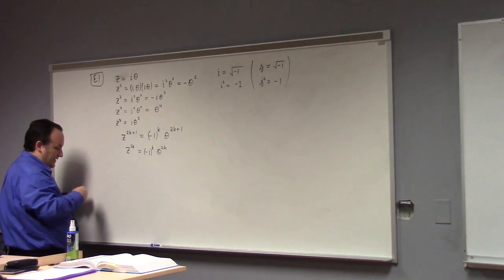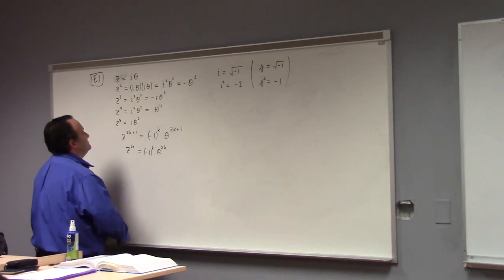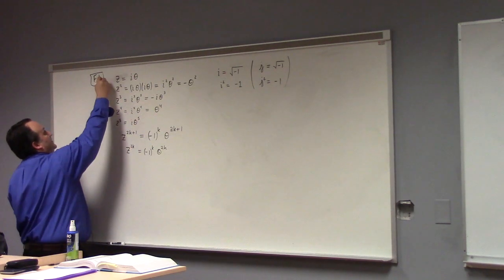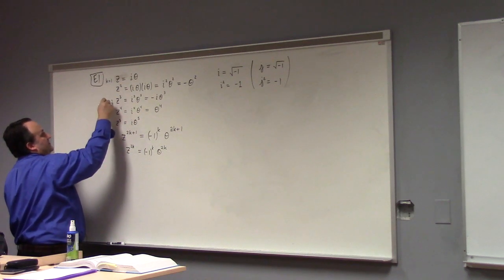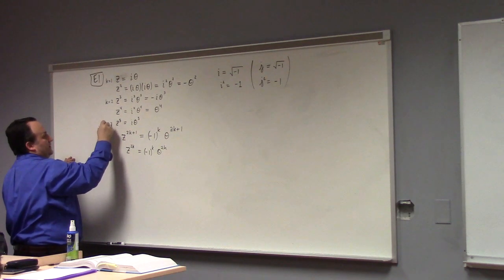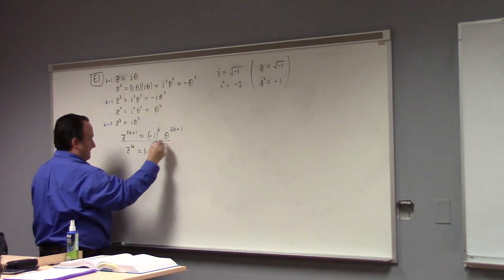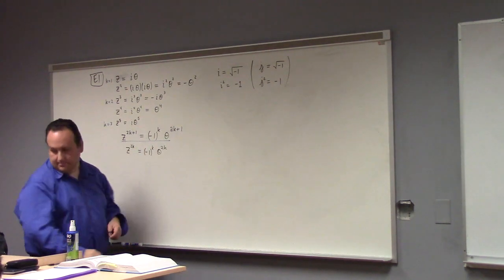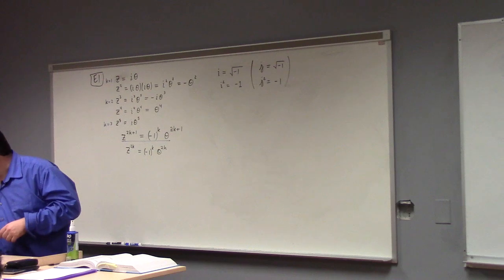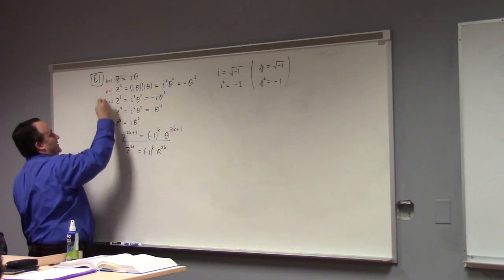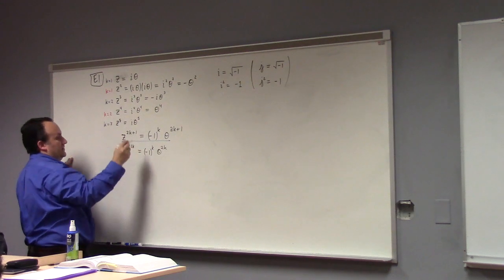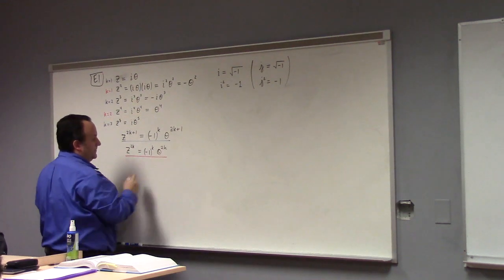All right? So this would be k equals 1. Here's k equals 2. Here's k equals 3 for this one. And this would be k equals 1, k equals 2, for this one down here.